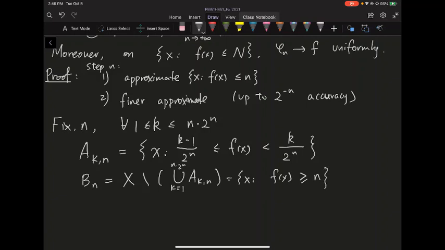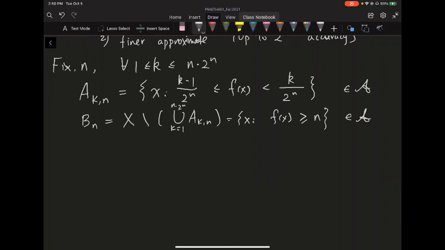All right, so what do I do with these sets? Well, I need to pick a simple function to approximate on each of these collections A_k^n. And by the way, you may notice all of these are in the sigma algebra A because the function f is measurable.